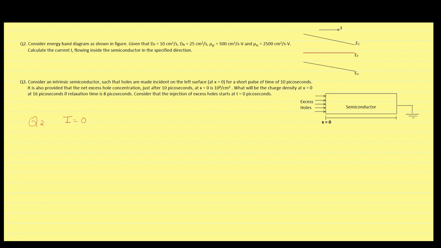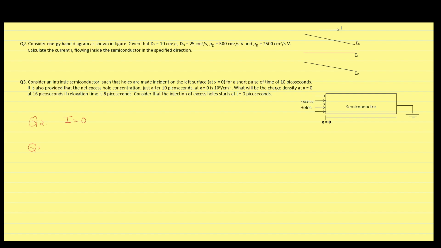And we have talked about this earlier, that if the Fermi energy level is a straight line, it means that the semiconductor is in equilibrium, which further means that there is no current flowing inside the semiconductor.